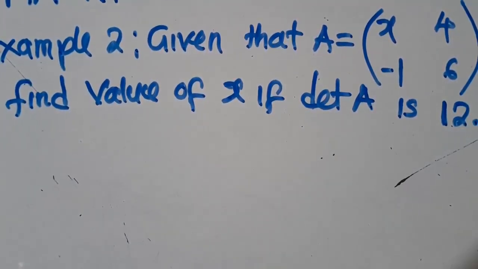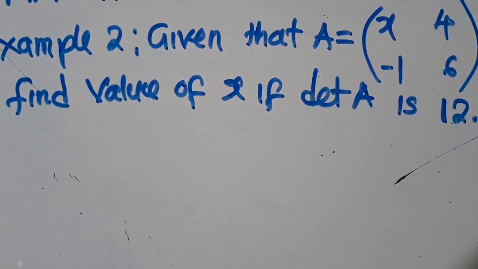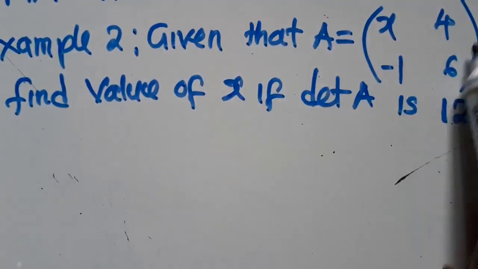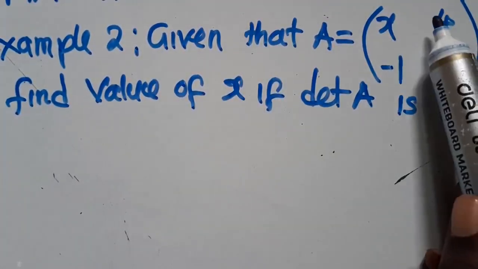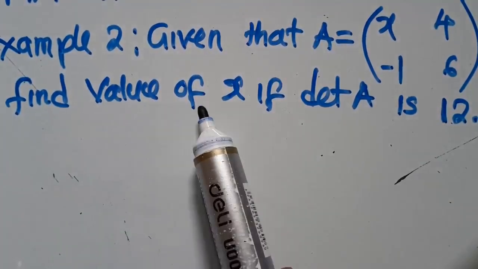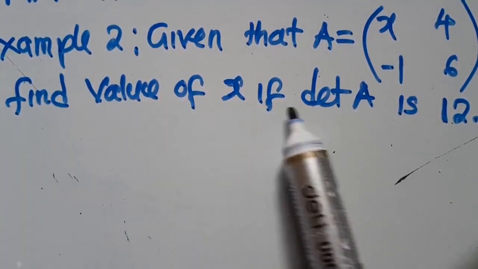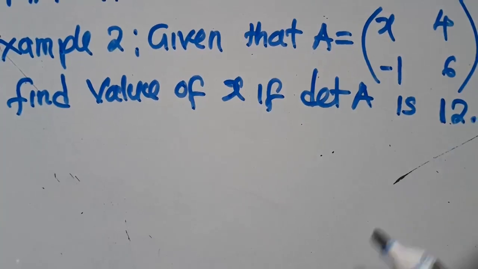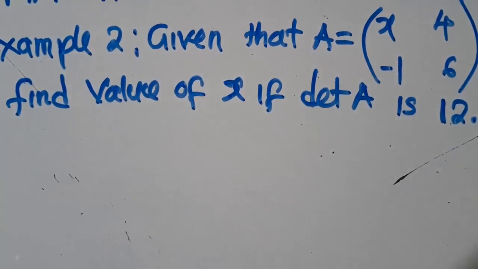This is how the question is. Have you seen the way the question is? Given that A is equal to this matrix, find the value of x if determinant of A is 12. How can you answer this question? How can you go about this question?